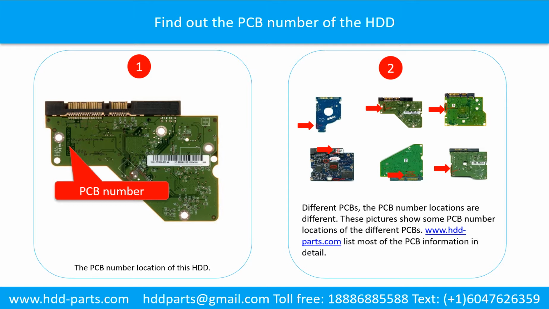Picture 2 shows some printed circuit board number locations of the different PCBs. If you want to find out your own PCB number, you may go to www.hdd-parts.com, which lists most of the PCB information in detail.